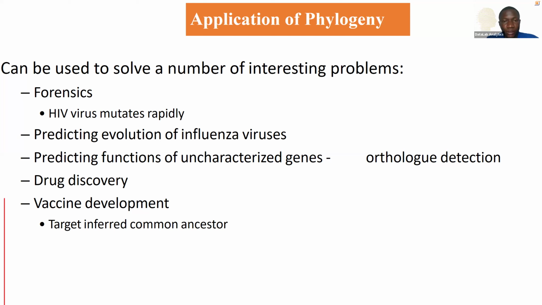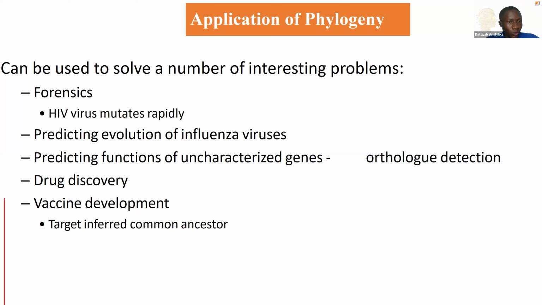We are very conversant with variants like alpha, beta, gamma, omicron, and some others. It is as a result of phylogeny and some other analysis that we were able to identify that the omicron variant is more pathogenic when compared with the alpha variant we had at the first instance. So phylogeny helps to see the different variants that we have, and with some other analysis, to identify if a variant will be more pathogenic than the previous variants.